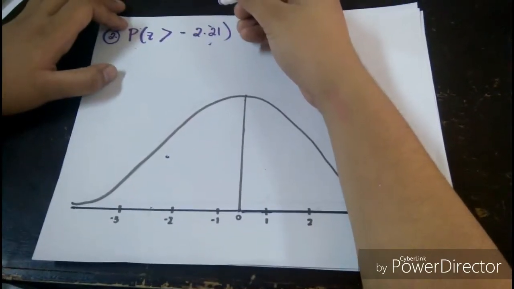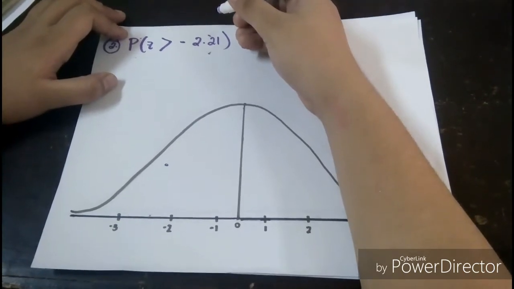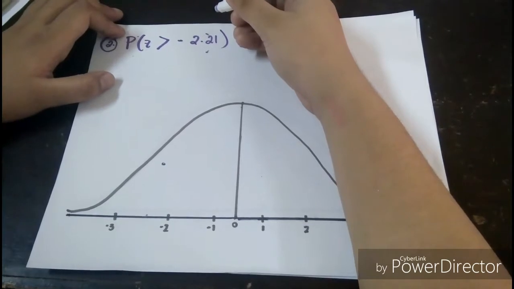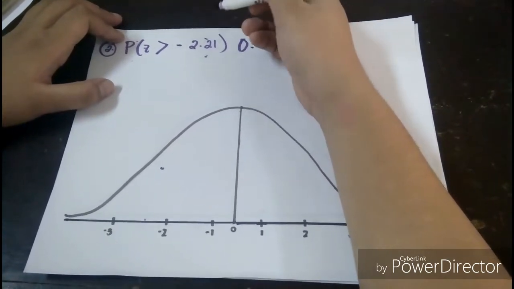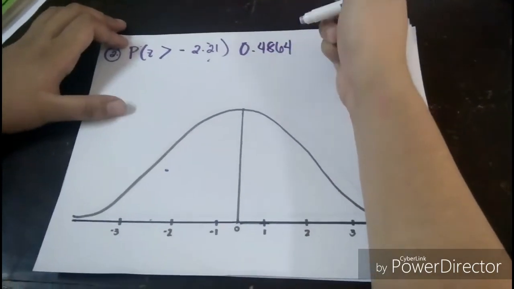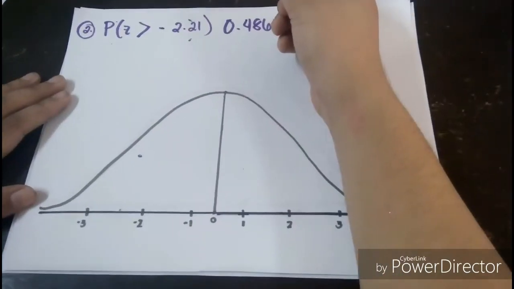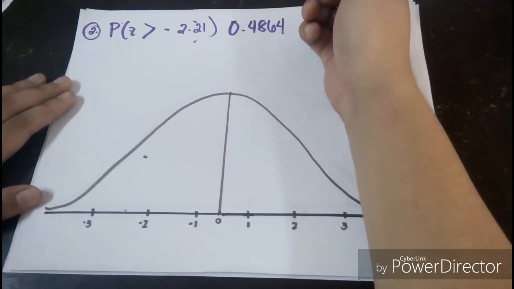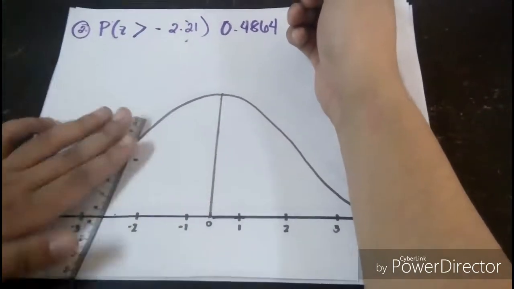For the second problem, which is probability of z is greater than negative 2.21, first we have to find the value of negative 2.21 in the z table, which is 0.4864. After knowing the value of negative 2.21, we need to locate it in the normal curve.